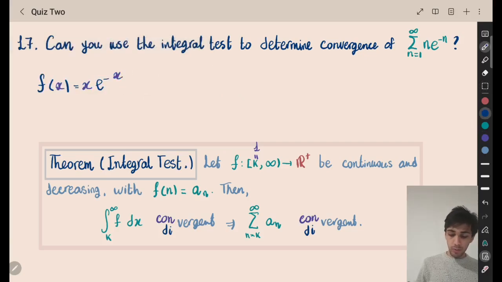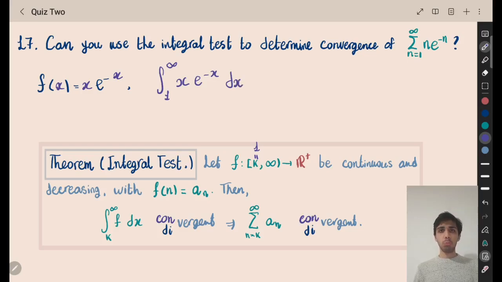And now the goal is to integrate it. It's an improper integral. We said that k is going to be equal to 1. I'm looking at x e to the minus x dx. So far, so good.